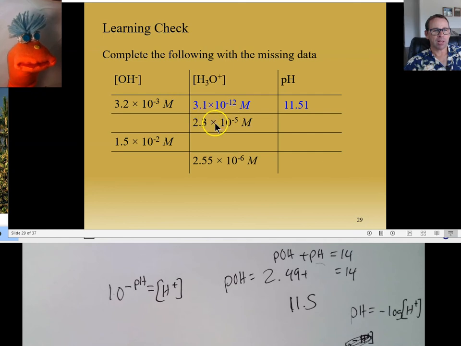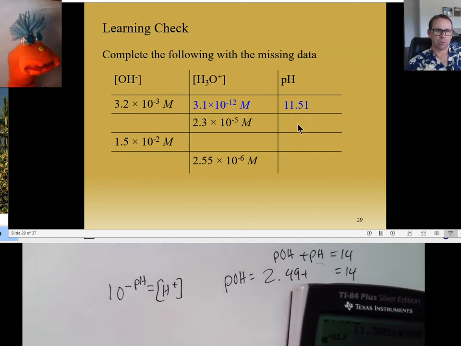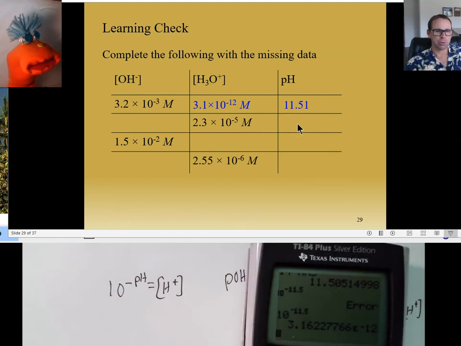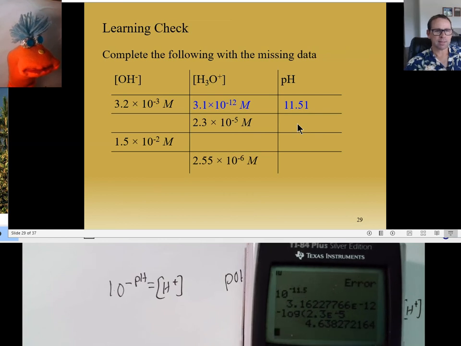All right, if I have the hydrogen ion concentration, then it should be easy to get the pH, right? Yeah, just negative log of 2.3 times 10 to the minus 5. Very good. All right, so 4.6 is my pH. Now, how do I find the hydroxide ion concentration from that?